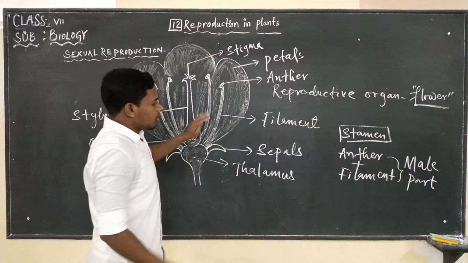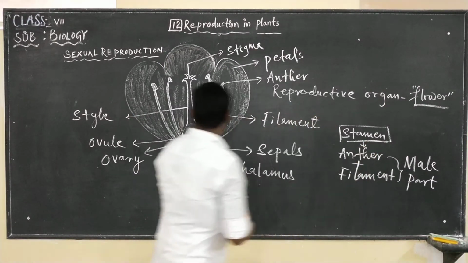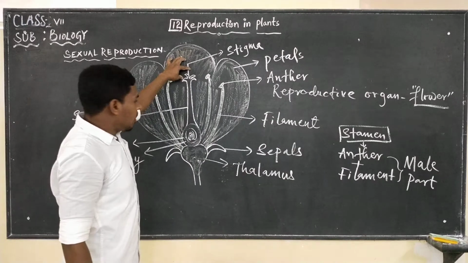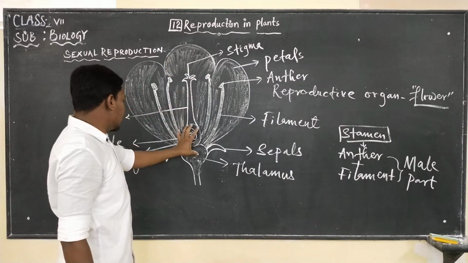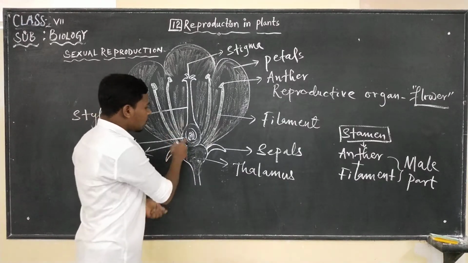And what is the female part? Now this is stigma and this is style, and ovary. In the ovary what is present? Ovule.